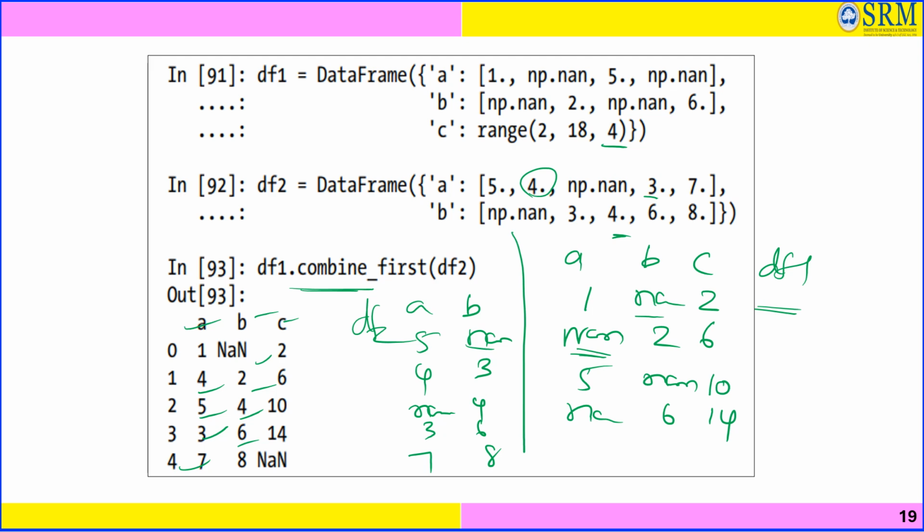Okay, so the 2 is same, 2, 6, 10, 14 is there, but you will not have the last value, but the last value is not in df2 also. That is why it is replaced with NaN. So this is how your combine first works. So combine first means first it replaces the NaN value with the values from the other frame.